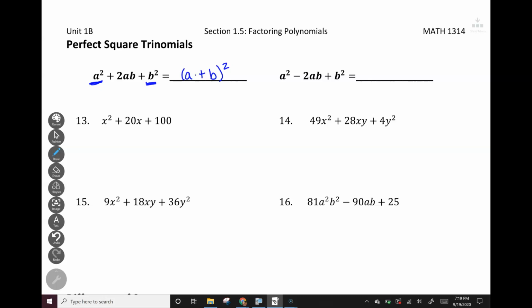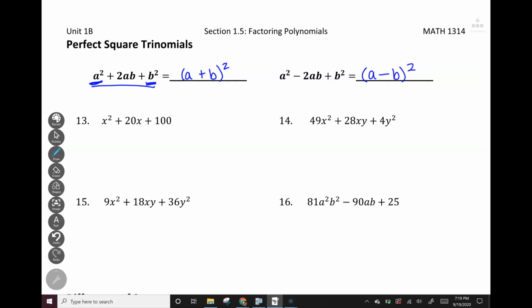We learned that if you had a plus b squared or x plus y squared, then it would follow a pattern when you multiplied it and it would give you this. So now that we're factoring, we can use the same pattern to factor it. It's going to give you a plus b squared when you factor it. Okay, and then the second one, same thing, but it'll come out to a minus b squared.